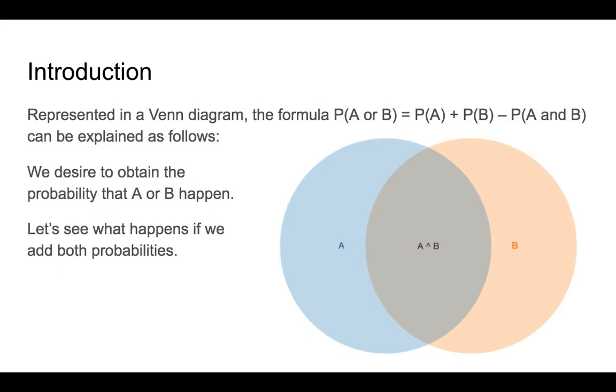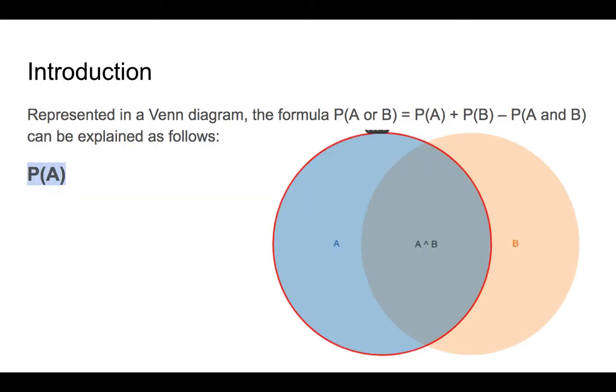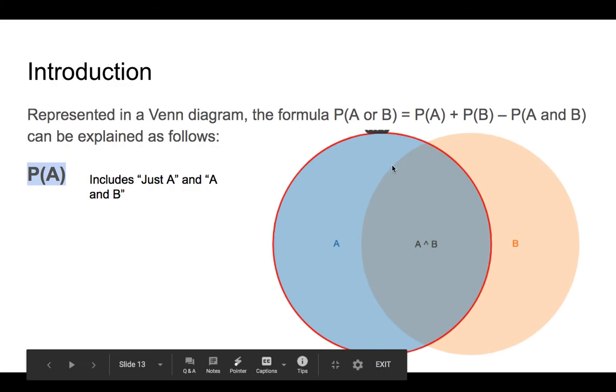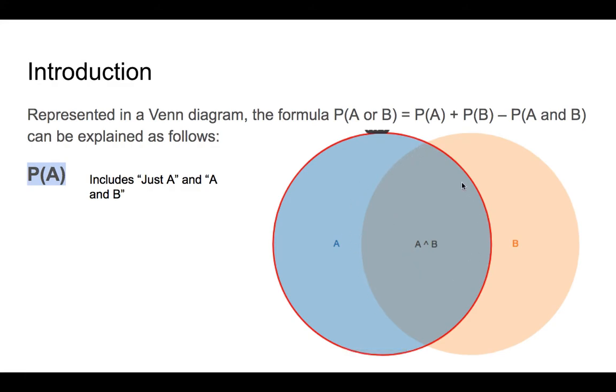Remember that we're trying to obtain these probabilities here. Let's see what happens if we just add P of A and P of B. Probability of A includes this, and this is the just A and A plus A and B. This region over here is kind of a partial moon, if you want, the just A region, and this one over here is the A and B region.